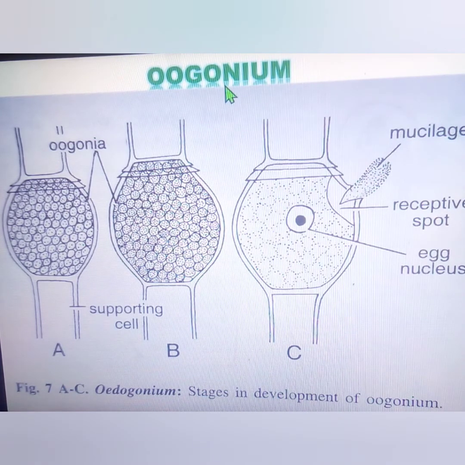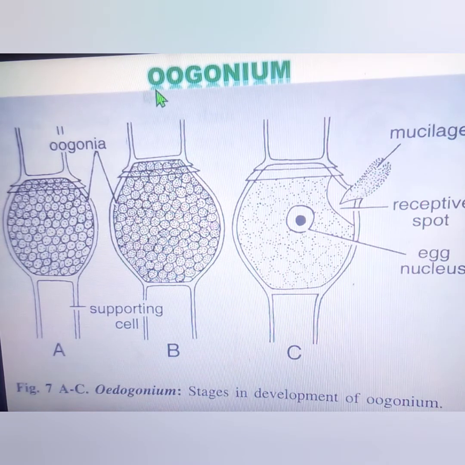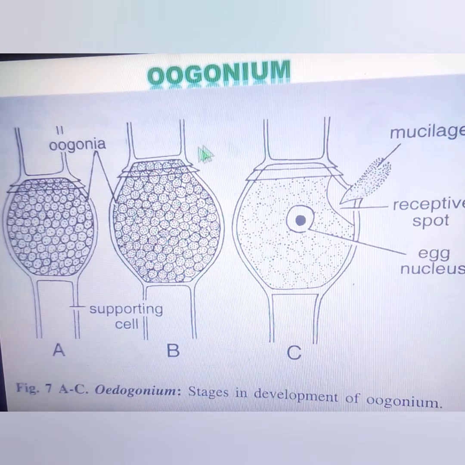Now, development of oogonium, like I had mentioned just now, is similar in both the macrandrous as well as the nannandrous species. So let us study the development of the oogonium.